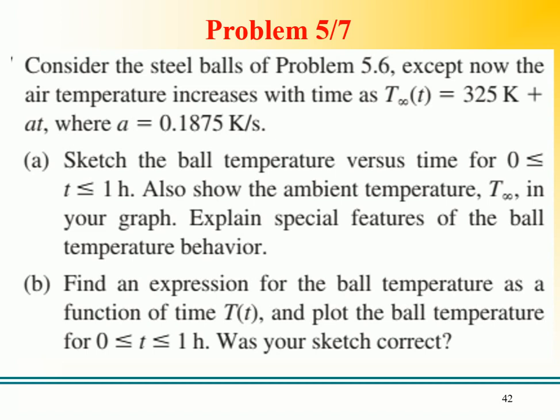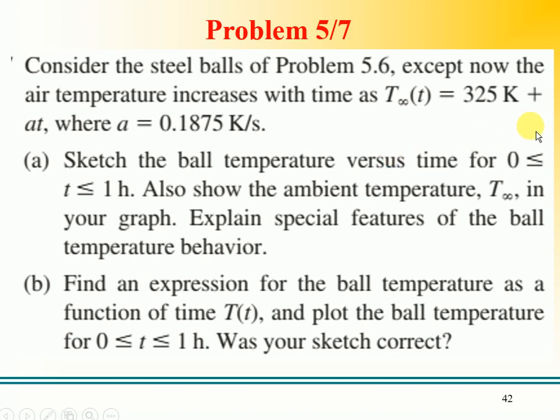Sketch the ball temperature versus time for t from 0 to 1 hour. Also show the ambient temperature T infinity in your graph and explain special features of the ball temperature behavior. Find an expression for the ball temperature as a function of time t and plot it from 0 to 1 hour. Whether the sketch is correct or not, you have to find out.